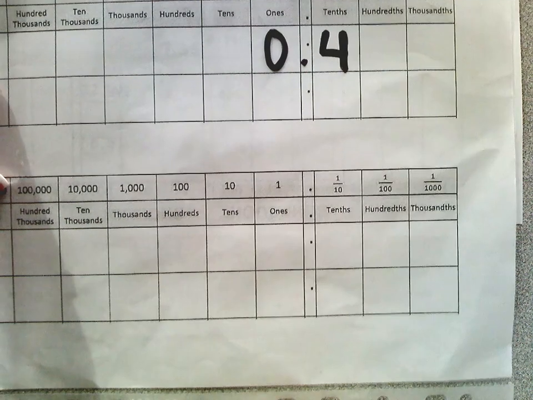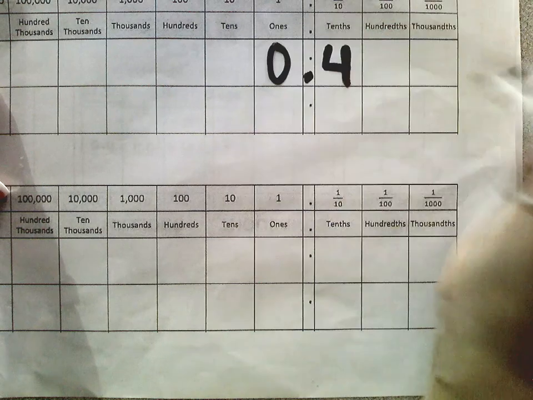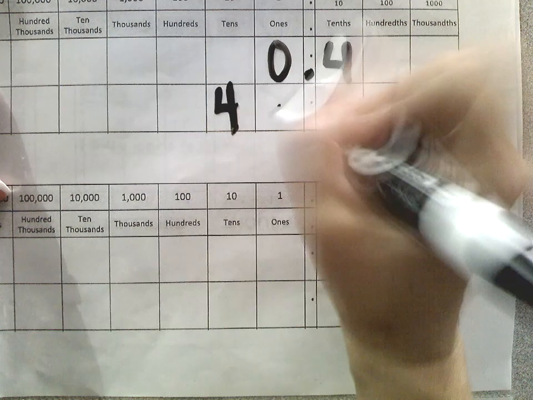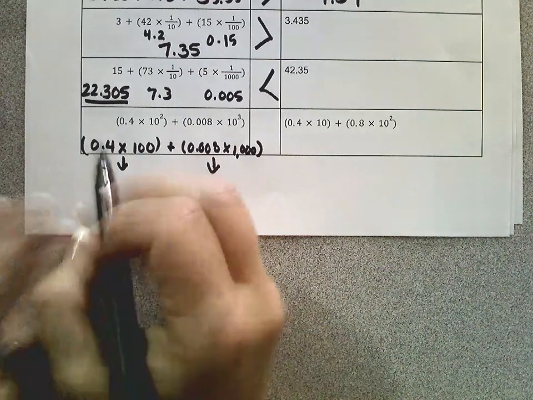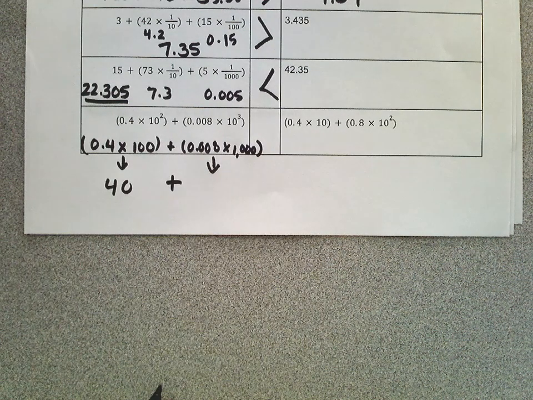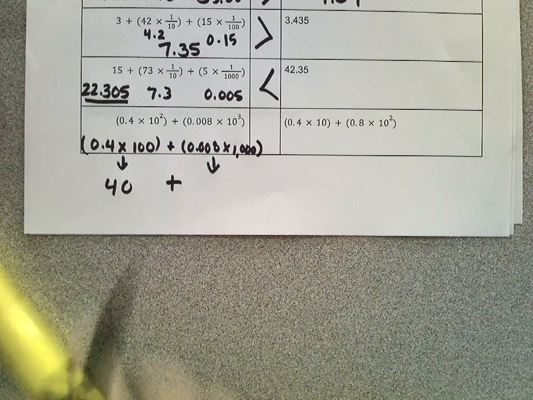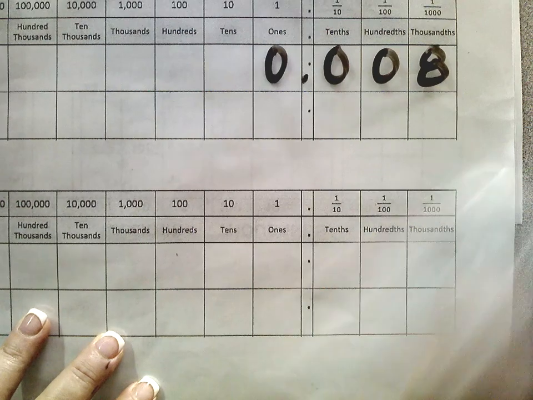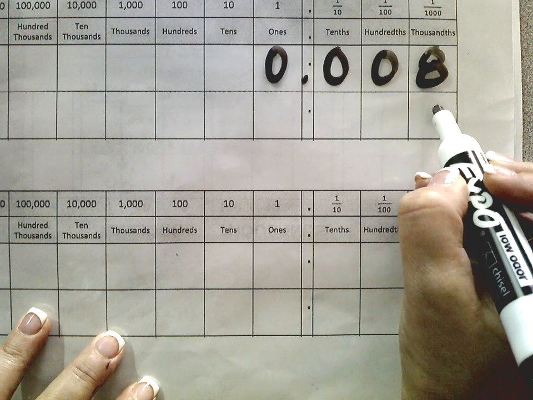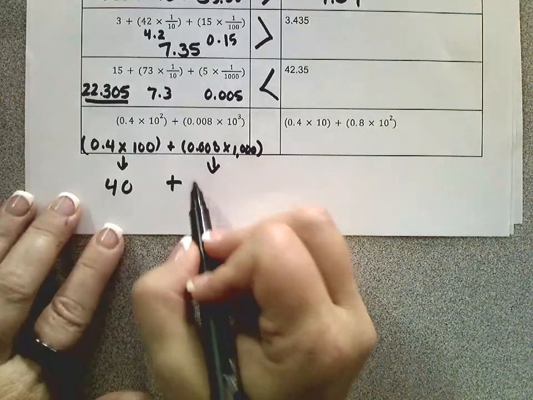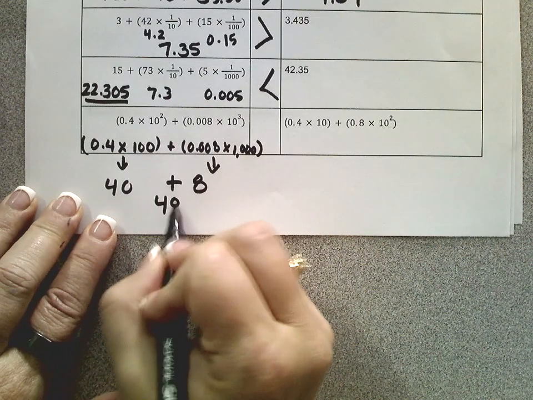We're timesing it by 100. Moving 2 places larger, boom, boom, 40. So this one equals 40 plus, then we have 8 thousandths times 1,000. So I'll put in 8 thousandths on my place value chart, times 1,000, 3 spots. Start here, 1, 2, 3, 8. So that problem becomes 40 plus 8, which is 48.